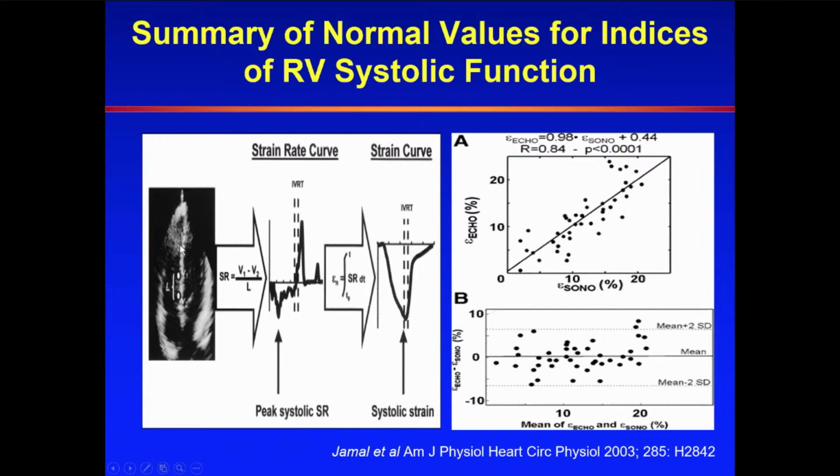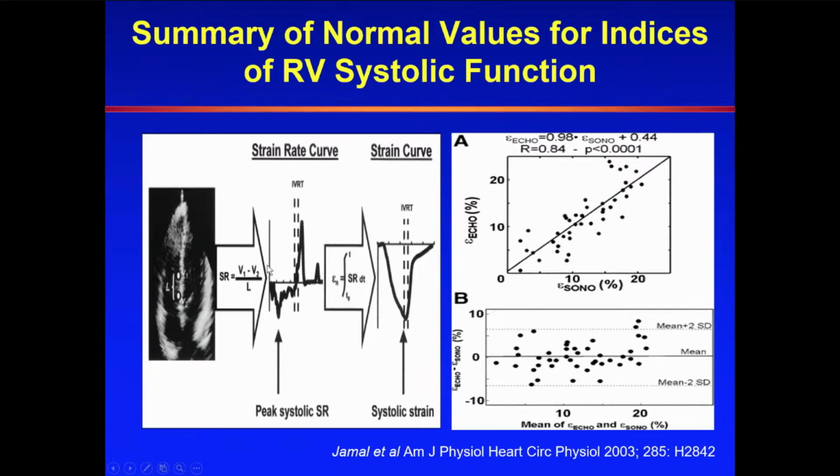It requires individual wall measurements, so you achieve a pretty high frame rate, but in general provides decent accuracy in terms of correlation between strain by echocardiography against sonomicrometry as the gold standard. This is one of the validation studies that relied on tissue Doppler.